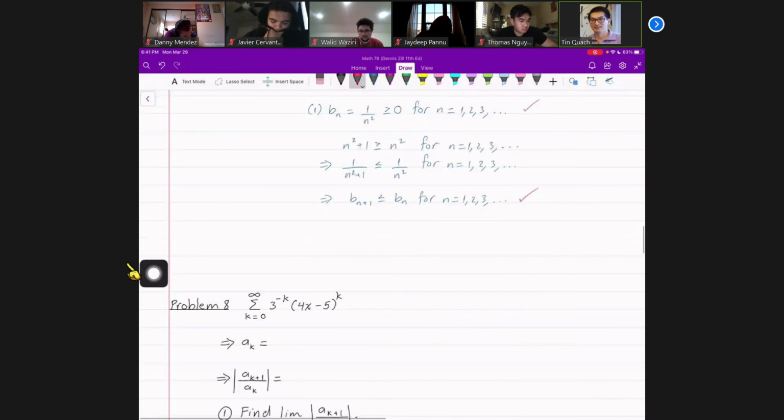So the second condition, and of course this is 0 when n is infinity. All right, so in this case, you know that the series converges.